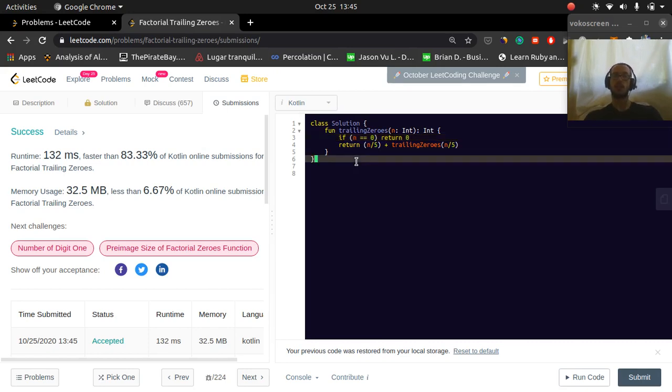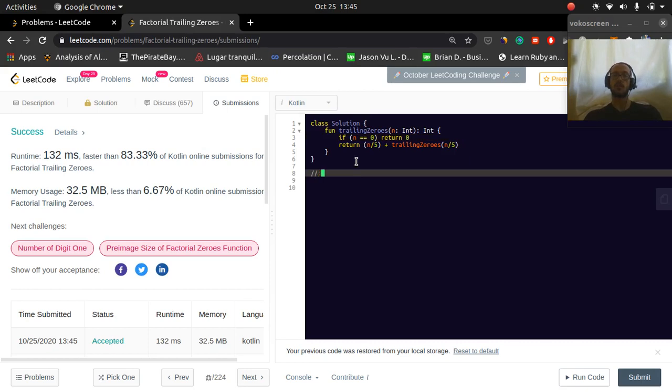Let's think about runtime and space complexity. For runtime, it's going to call trailing zeros something equivalent to log n times. It's a bit less than log n, but maybe log n as n approaches infinity.